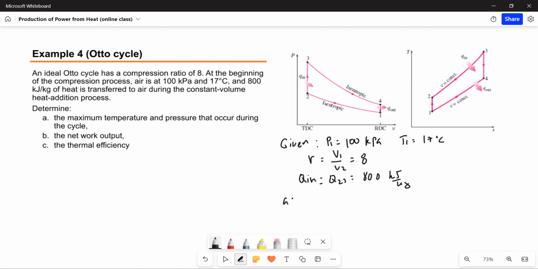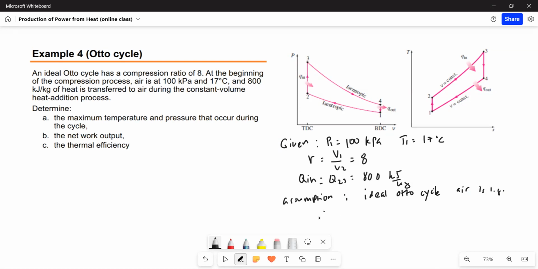Also, the Cp and Cv or specific heats are not a function of temperature.